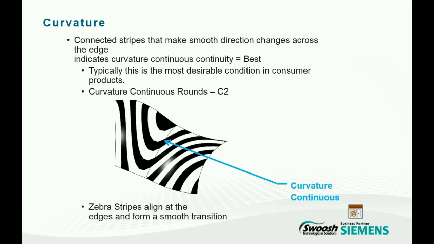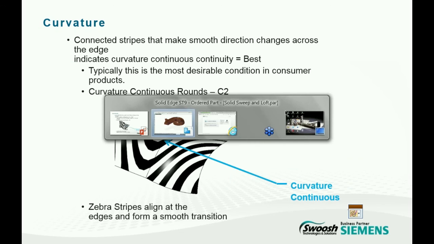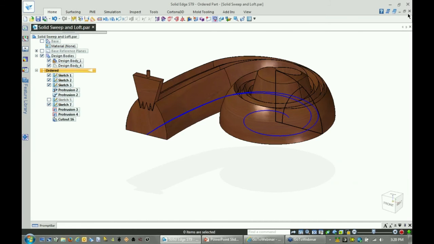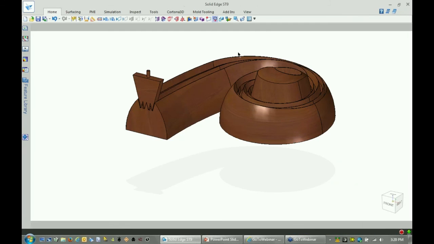And finally, if you go with the curvature continuous option, which is C2 continuity, you will see how the zebra is reflected quite smoothly. So let's take a look at these examples.